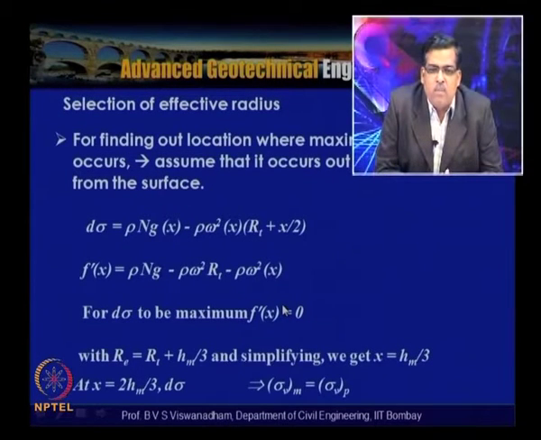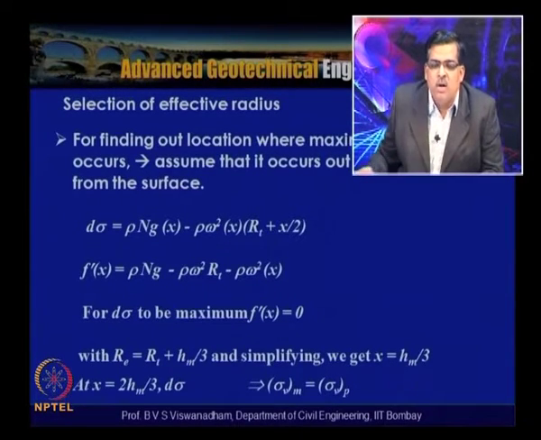Now by taking the differentiation of this function f(x) equal to rho Ng x minus rho omega square x into (RT plus x by 2), we can write f dash x as rho Ng minus rho omega square RT minus rho omega square times 2x by 2, which reduces to rho omega square x.